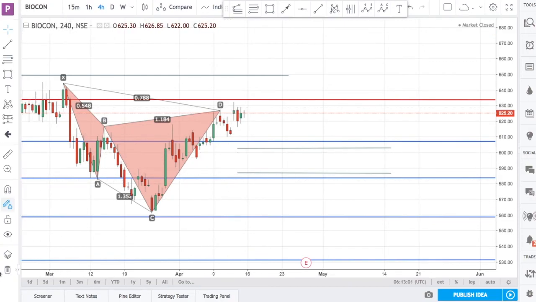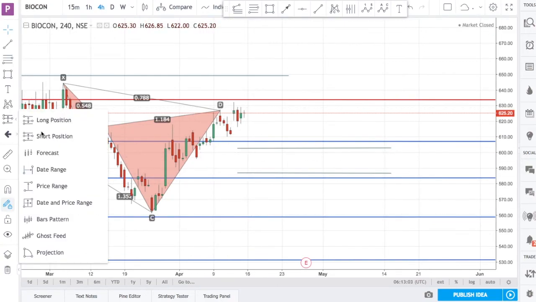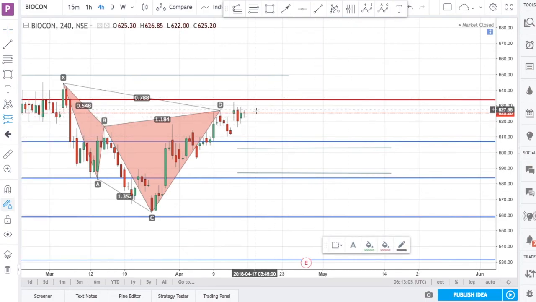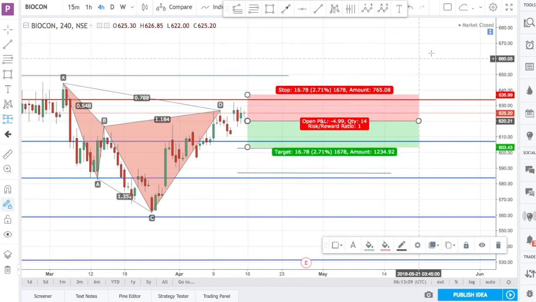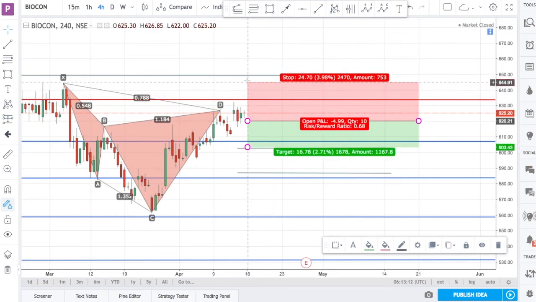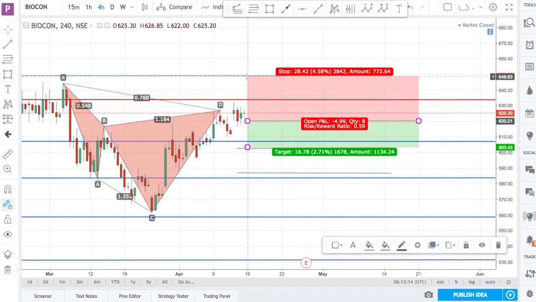So now let us pick our target placement tool, assuming the market opens somewhere here in the next trading session. This would be our stop loss. This would be our first target.